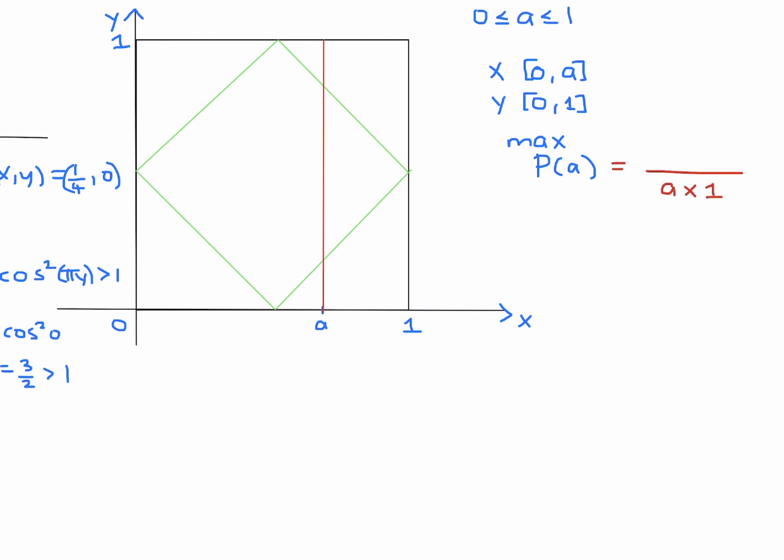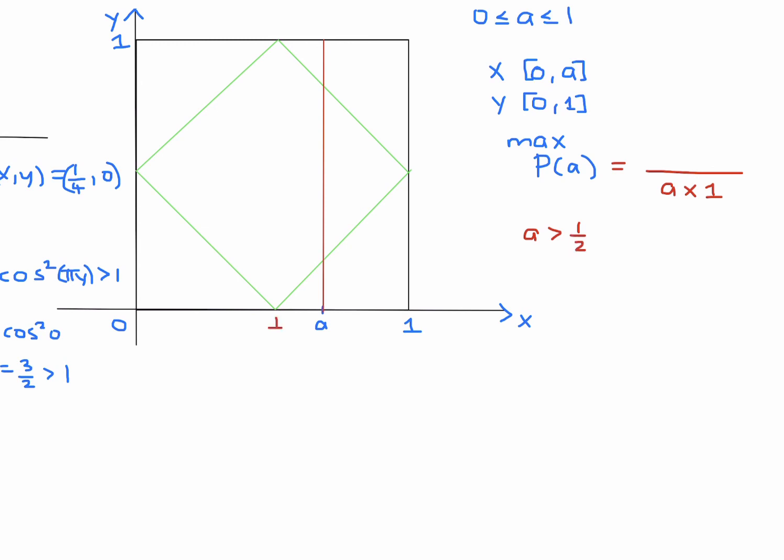Now the numerator is our specific condition, and that is that it's got to be within that boundary. So I've got to figure out the area of that in terms of A. Now, there's two scenarios. The first scenario is the way I drew it right now, that A is greater than a half.